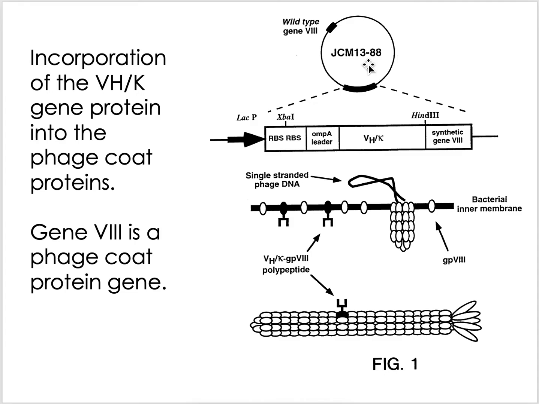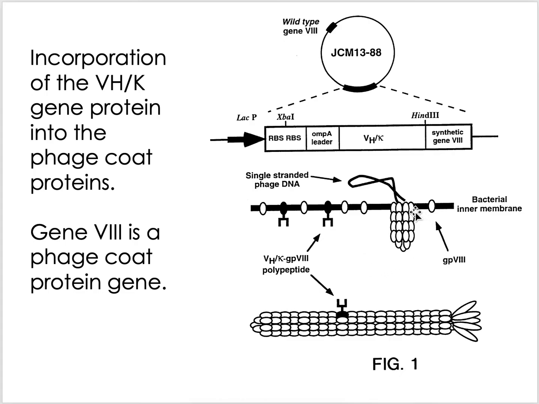We have to insert our antibody gene into the gene of the phage. Then, as we have changed the gene of the phage to include the gene of the antibody, when the phage is formed or develops, it will express this gene product. That means it will express the antibody on its body.